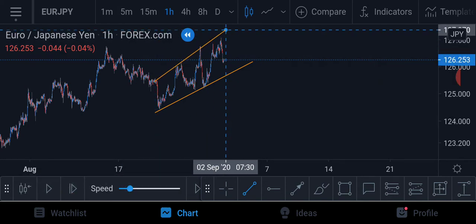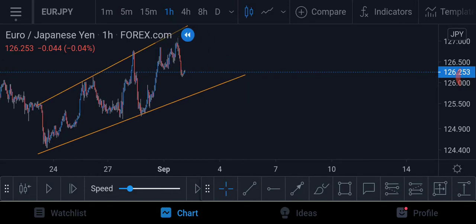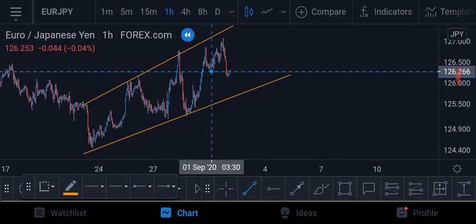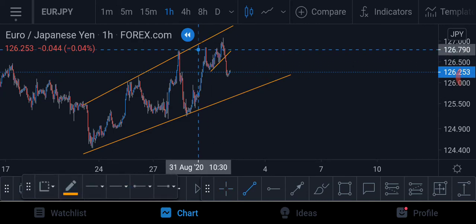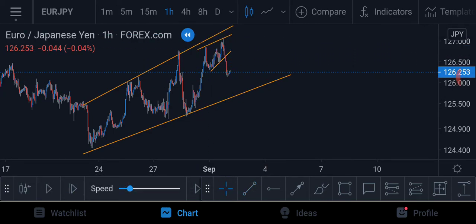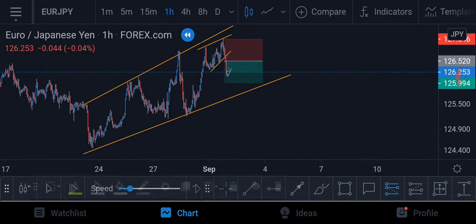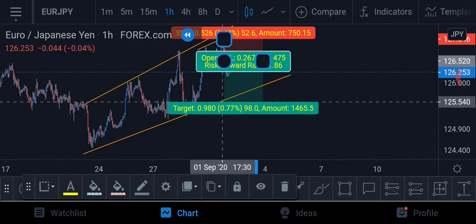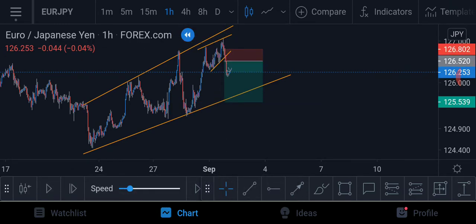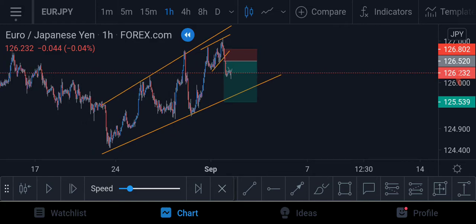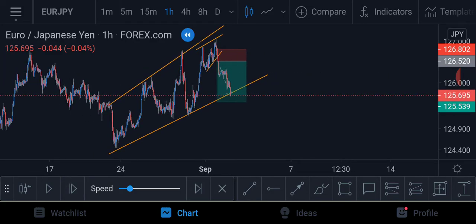Price made this particular type of pattern, and here also a smaller pattern. You can see that it is very clear. So I am entering a short on the breakout with a stop loss of 25 pips. All of my trades would be running if I used the same type of risk. Here price is running very beautifully.